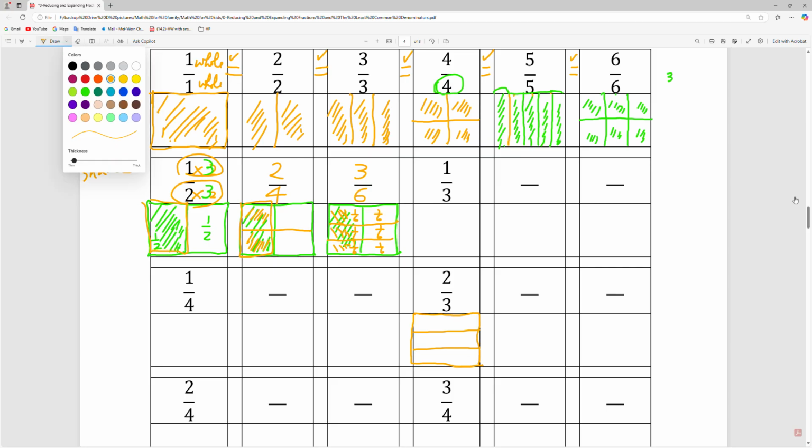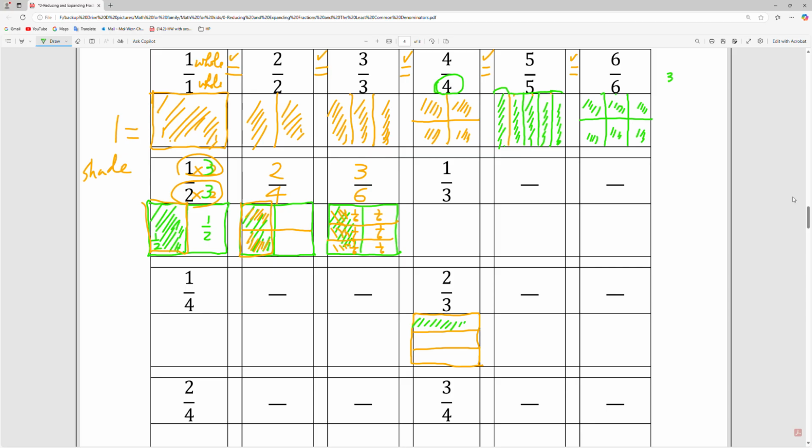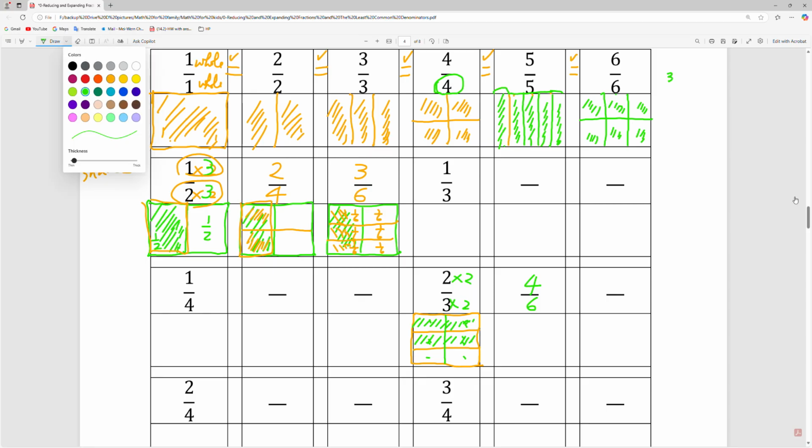And the 2/3, 1, 2. Now, if I want to times 2, times 2, so I cut in 2. So I have 1, 2, 3, 4, 5, 6, right? 6. And 1, 2, 3, 4, 4 shaded. See?